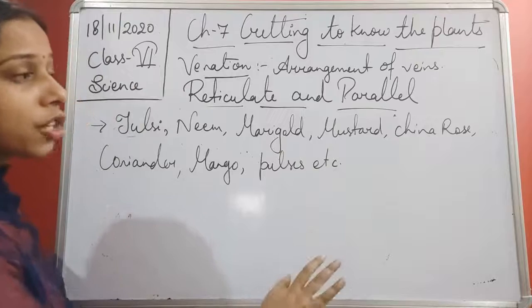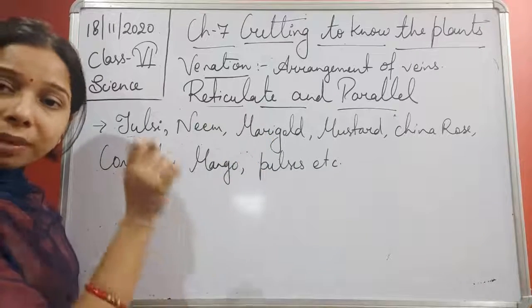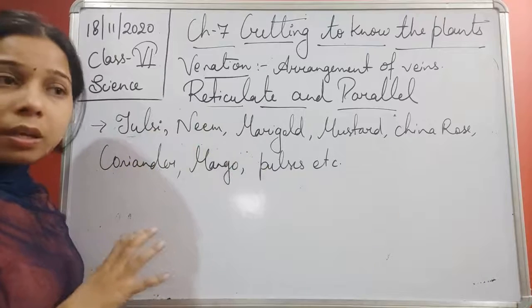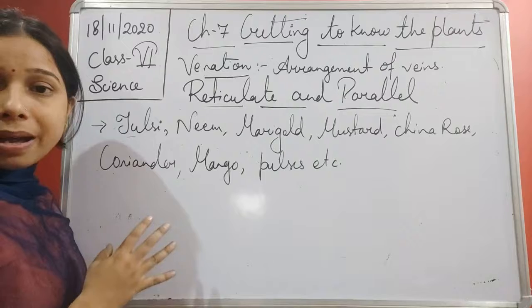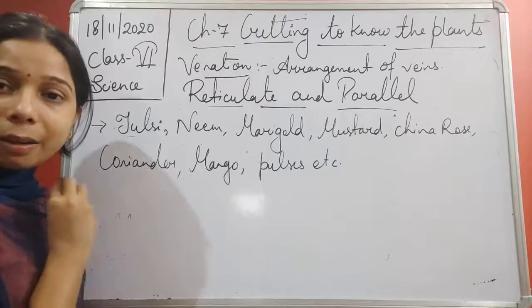In all such leaves, there is a midrib. From the midrib, veins come out. All these veins spread throughout the different parts of the leaf, ultimately giving it a net-like appearance or net-like design.